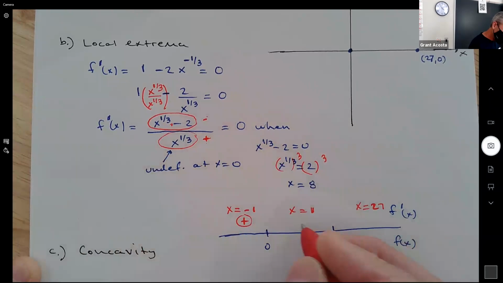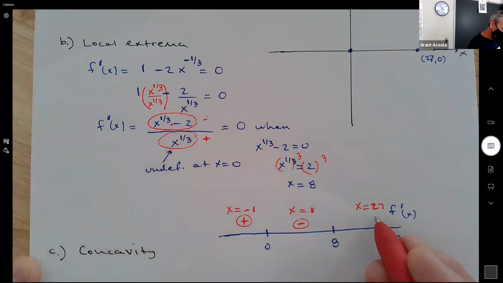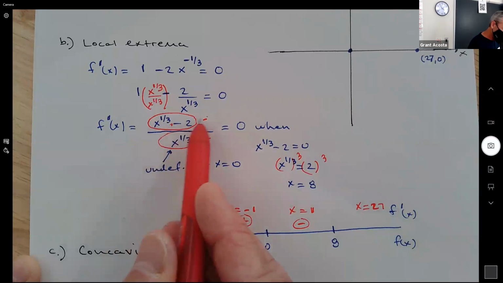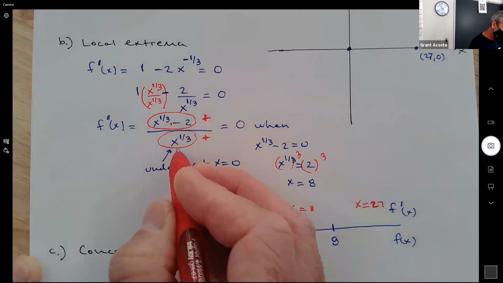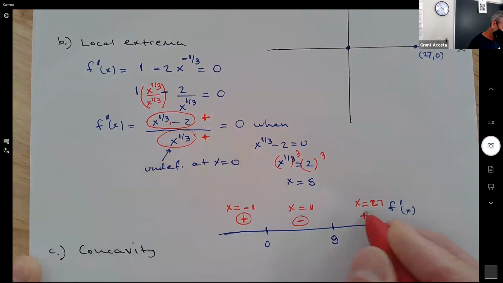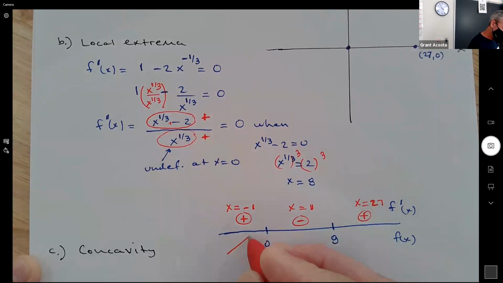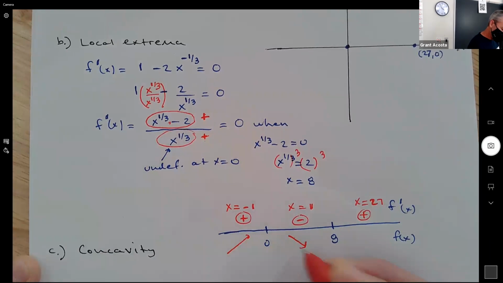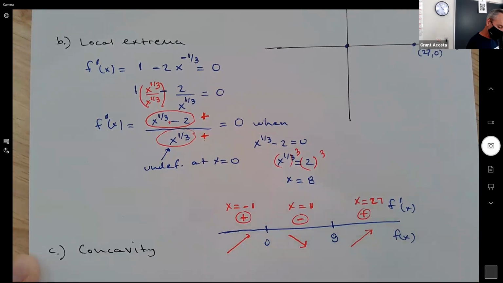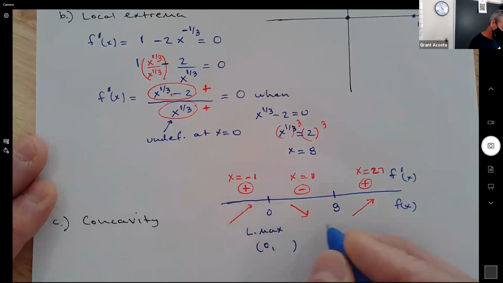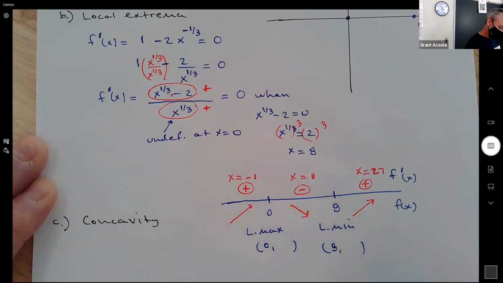Negative over a positive is negative. And then if x is 27, that'll be 3 minus 2 is positive 1. And of course, that'll be 3, so that's positive. So we do get increasing, decreasing, increasing, which means we have a local max at 0 something and a local min at 8 something.